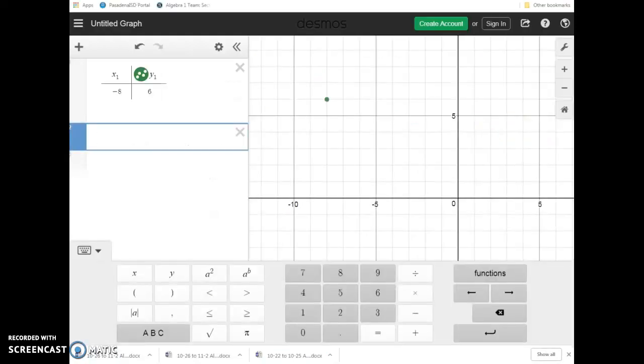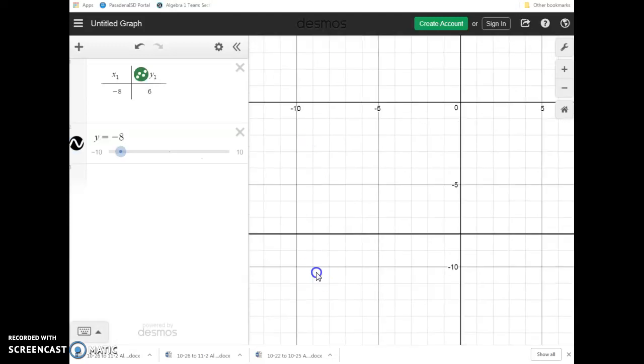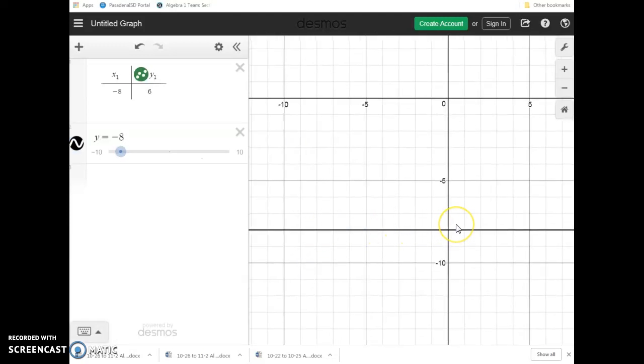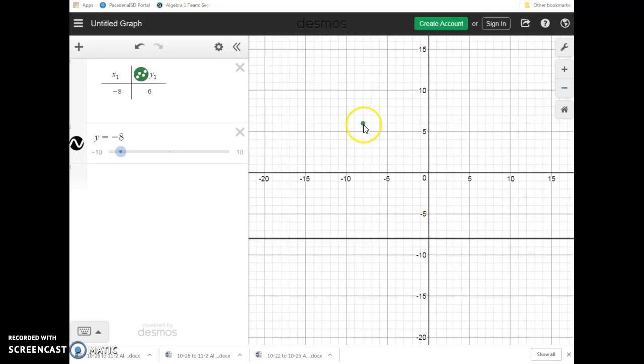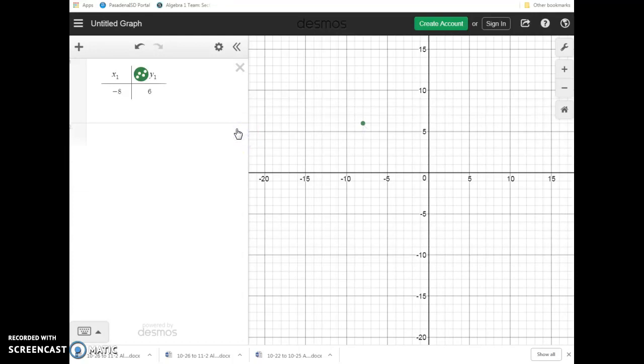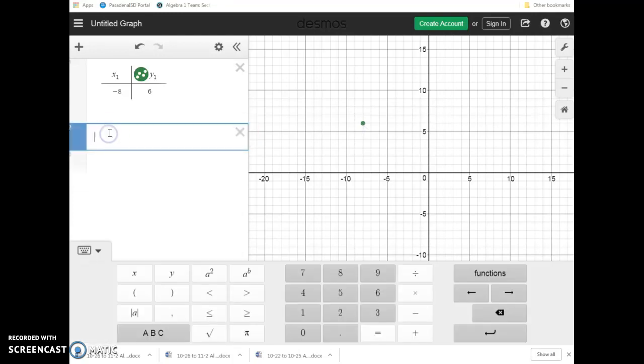So the first one, letter A, says y equals negative 8. Here goes the line. It's down at the bottom. If you need to zoom out, zoom out. That line does not pass through that point, so that is not the answer. Let's try the next one. Let's try letter C. Letter C says x equals negative 8.